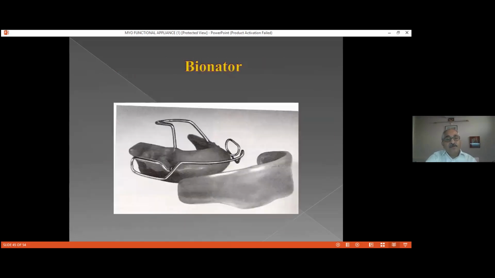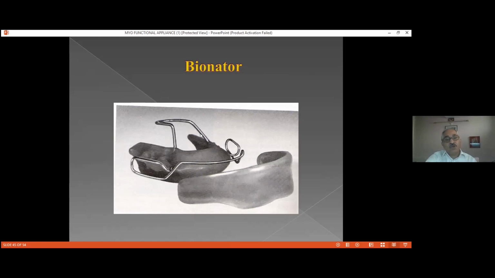Now, there is another appliance where the acrylic component is too less and there is an increased wire component. But this wire component is particularly designed as a coffin spring in the palate. Now, this is supposedly given for the purpose of stimulating the tongue and bringing the jaw forward.